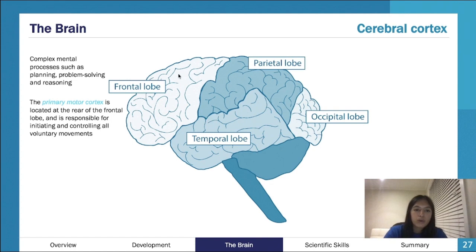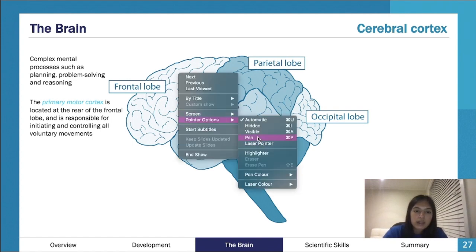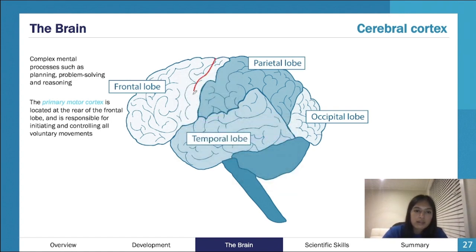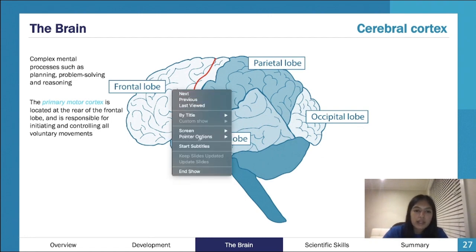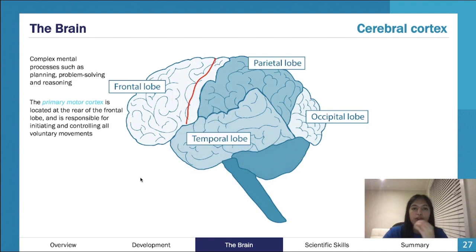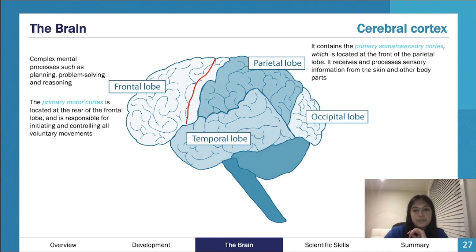Your primary motor cortex, I'll try and draw it. It's like a little band that sits along here, kind of. And as the name suggests, very involved with your motor stuff, so motor movement, voluntary movement, that sort of stuff.